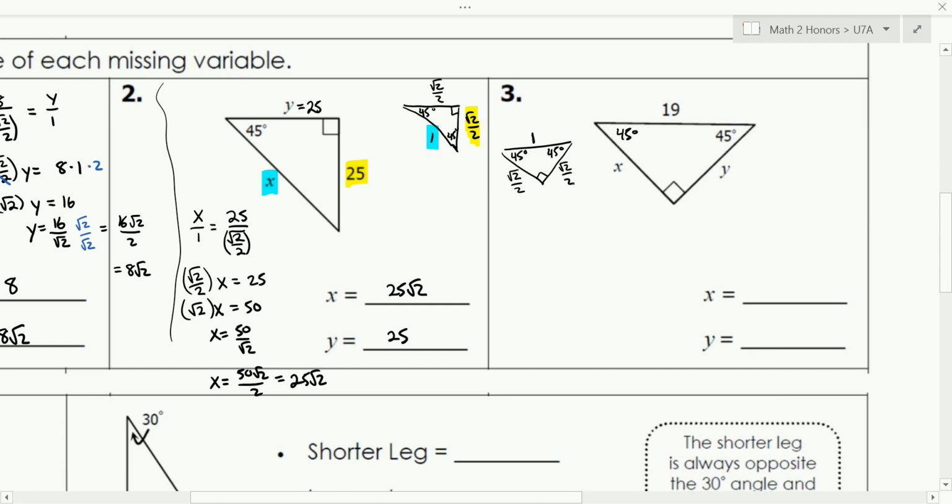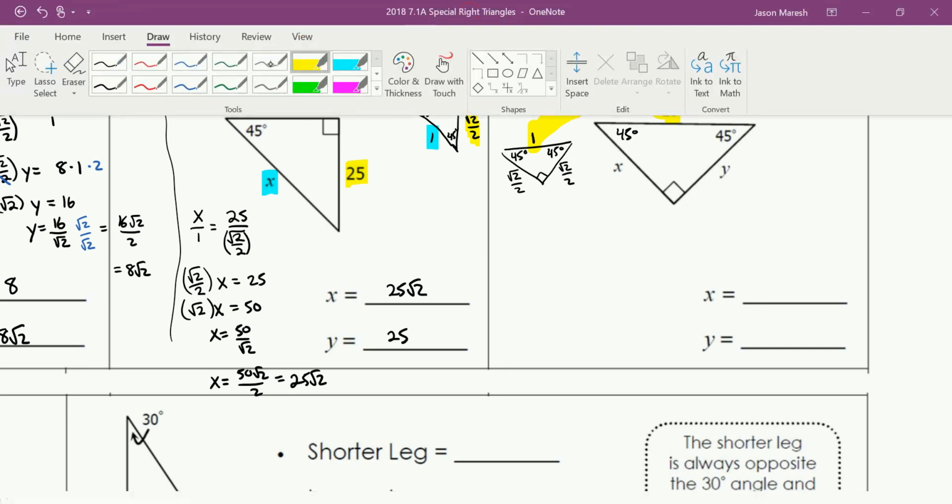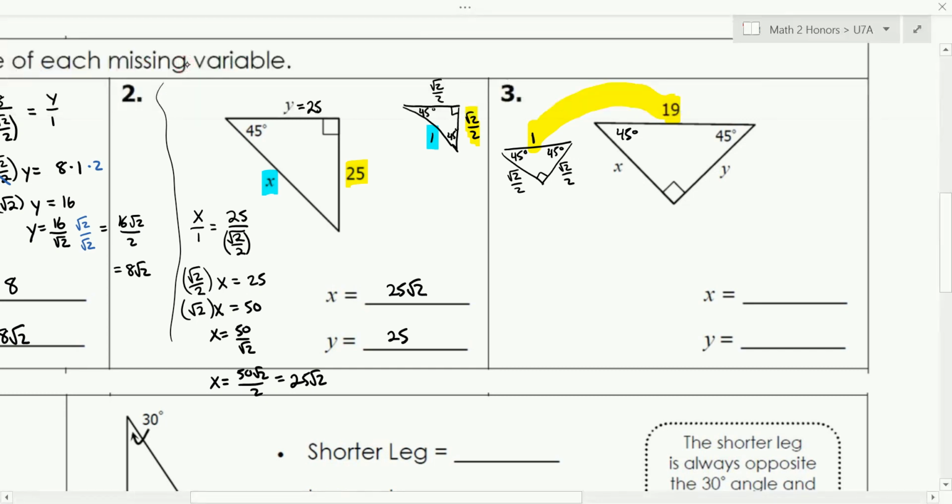And here, it's a lot easier to see what the scale factor is. What do I multiply 1 by to get 19? 19. So going from small to big, our scale factor is 19. In other words, the larger triangle is 19 times bigger than the smaller triangle.